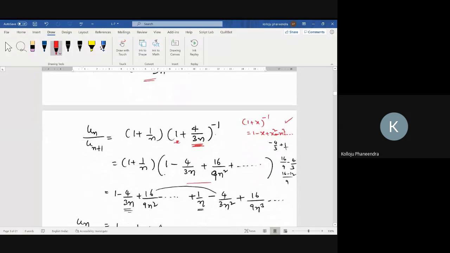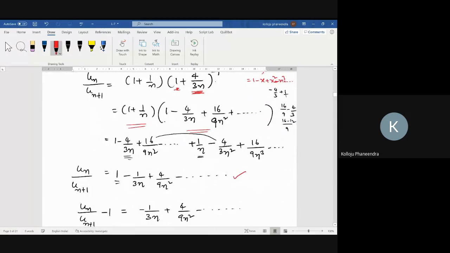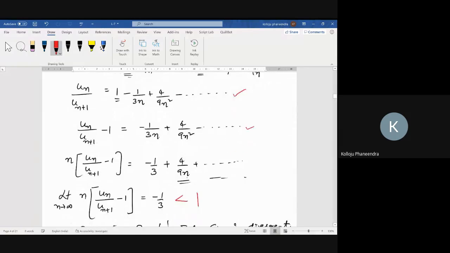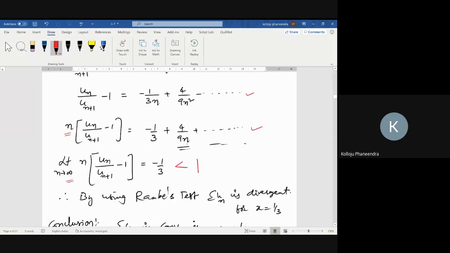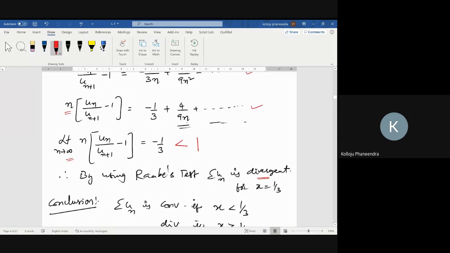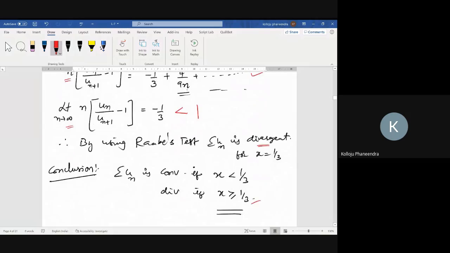So I have expanded this and taken the product of these two and simplified. Next, take minus 1 on both sides. So this one gets cancelled. Next, multiply this difference by n. Then I got this expression. Taking the limit, the value is minus 1 by 3, less than 1. Using Raabe's test, the series is divergent. So the final conclusion is this.